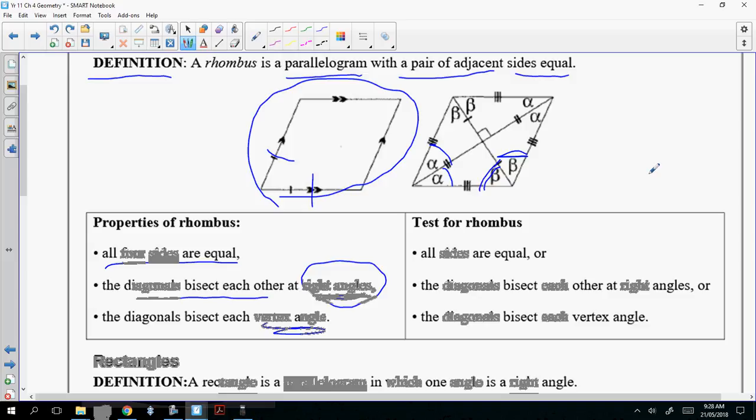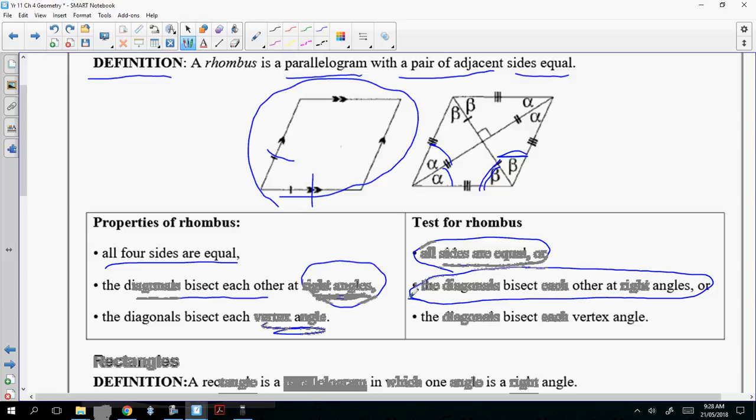But the last one is not really used that often. I don't think I've ever seen a question that uses this. But these two are used a lot, particularly the second one, the diagonals bisect each other at right angle. You'll get a question like this in the exam to prove it's a rhombus. Okay, so that's a rhombus.